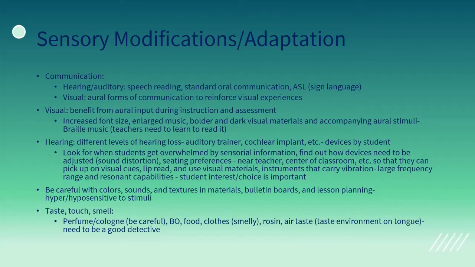The students are able to physically feel those vibrations, and they'll be able to distinguish between each note based on that note's frequency. And then lastly, student interest and choice is very important. You need to let the student be involved in their education and then let them have choices.